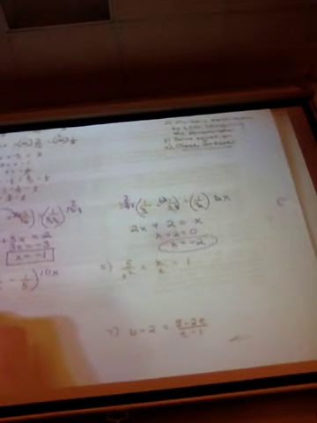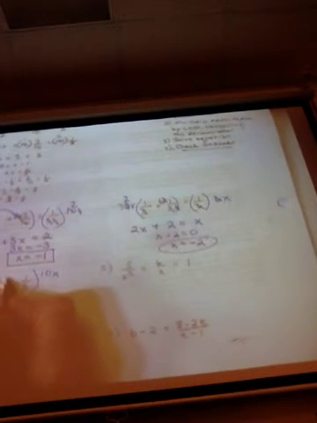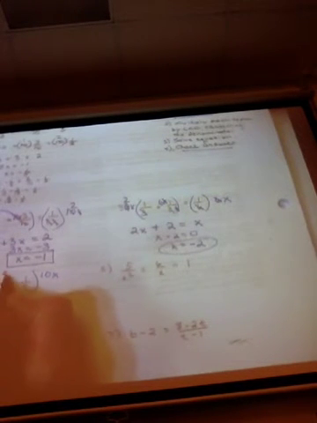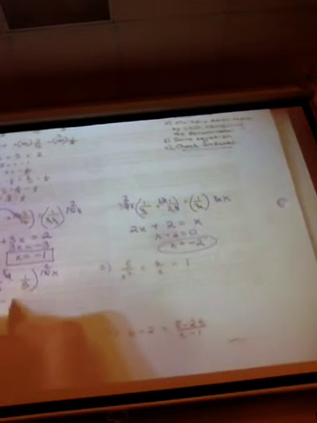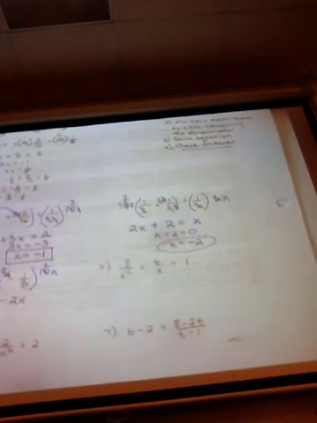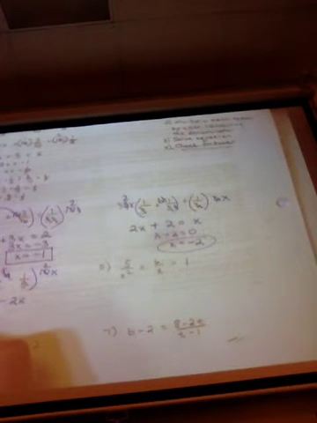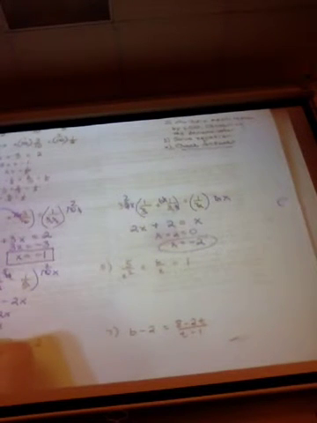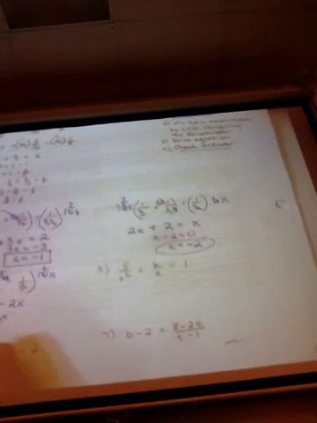On here, the x's cancel. You get 40. Here I'm going to multiply this by 10x also. The x's cancel. 10 over 2 is 5. You get 15. Here, this cancels. You get minus 2x. So I subtract 15. You get 25 equals negative 2x. Divide by negative 2. There's your answer.